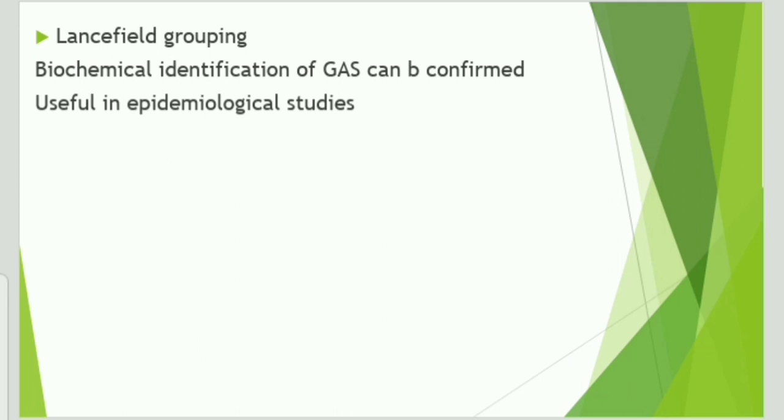Are you remembering the Lancefield classification that we already discussed in our previous video? Lancefield grouping, which is based on the C carbohydrate, has a role in the identification of this bacteria. For antigen detection, we will do ELISA and the agglutination test. Molecular methods include the DNA probe and nucleic acid amplification.